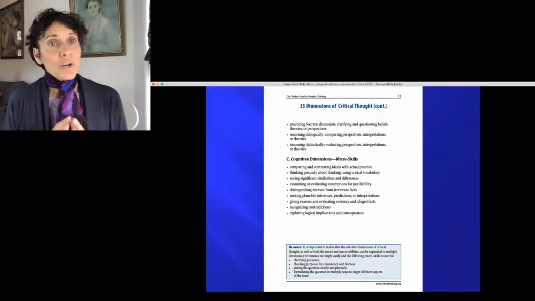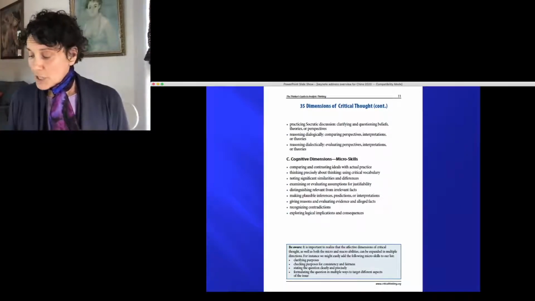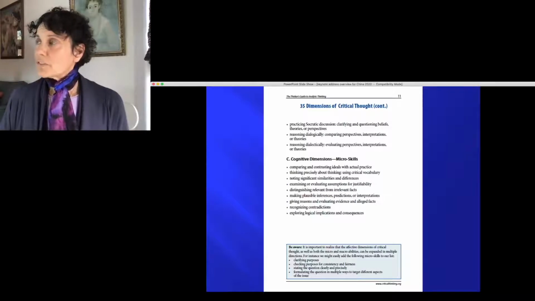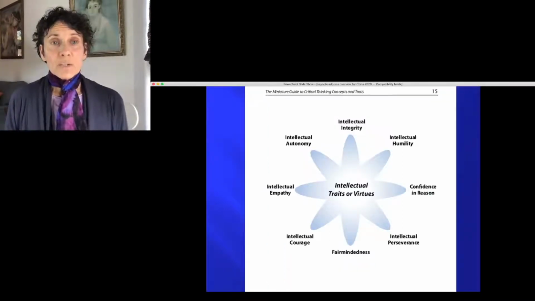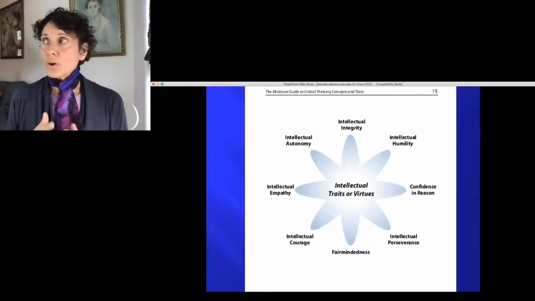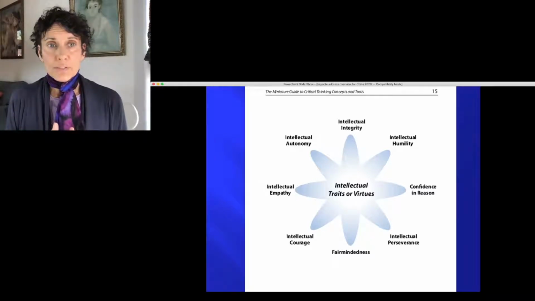These, of course, are important, but we've got to go beyond this to focus on the development of intellectual character, intellectual virtues, unpack what we mean by this. And here are some of the core intellectual virtues at the heart of a substantive conception of critical thinking.